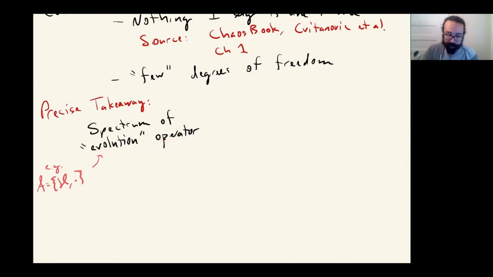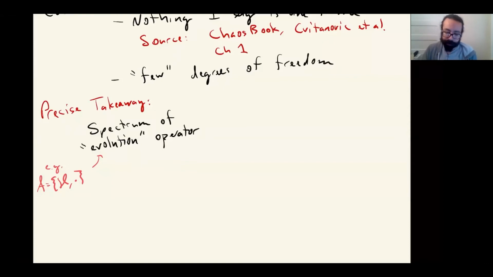There's some math hidden under this: what is this an operator? What space of stuff is this operator acting on? The short answer is it acts on the space of densities on phase space, so that I have some initial configuration that corresponds to some initial points in phase space. I want to propagate those in time and see what that density evolves into as a function of time.